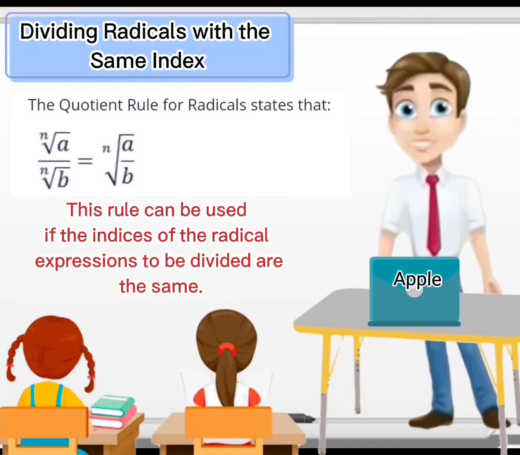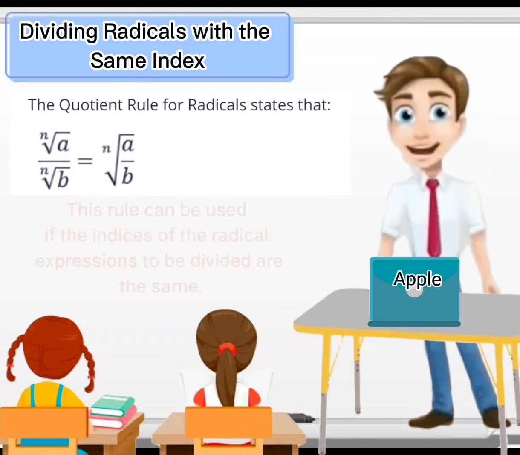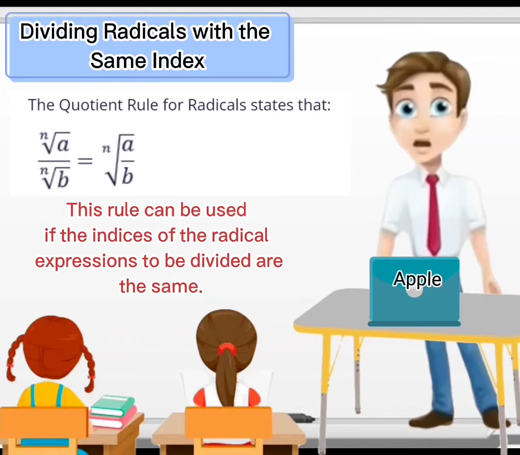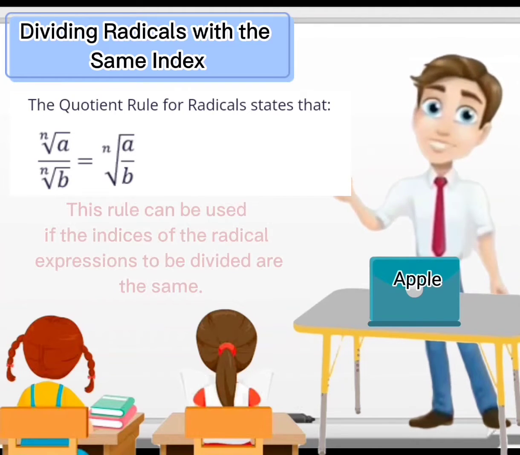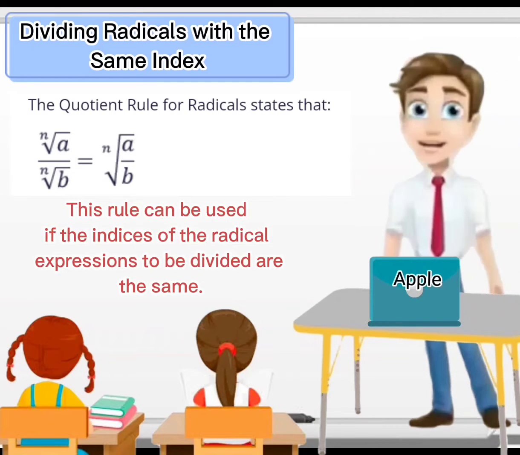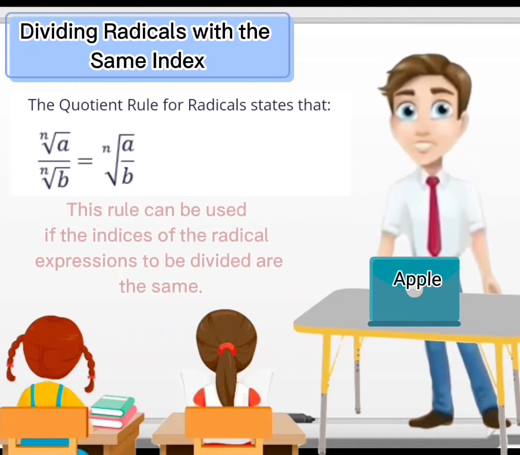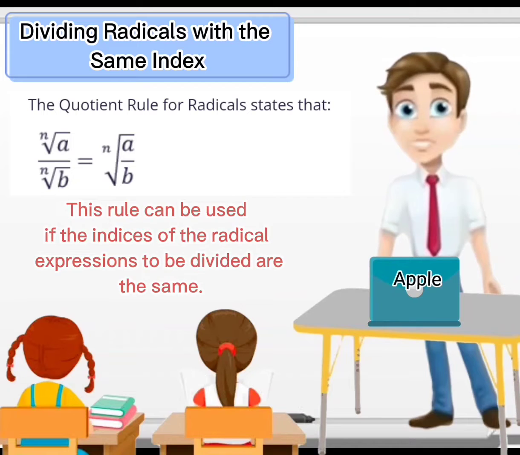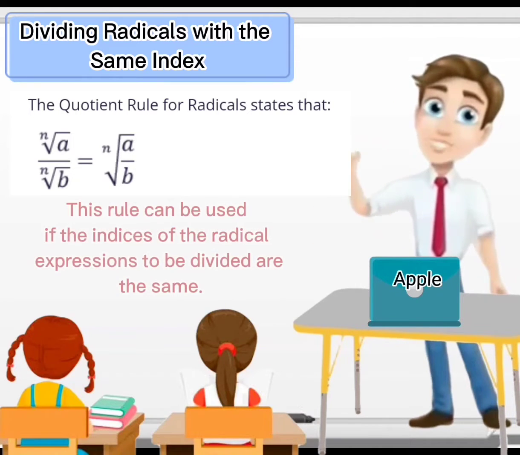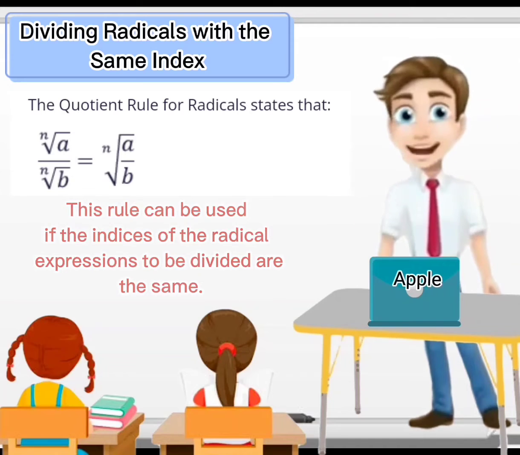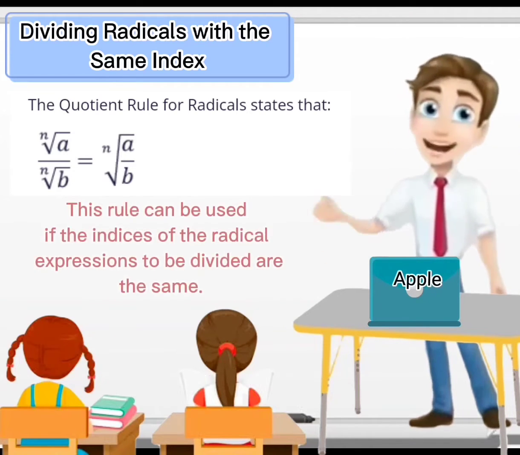Okay, so umpisahan natin ang ating lesson sa pamamagitan ng pag-divide ng radicals with the same indexes. So the rule for this, we have the quotient rule, and it states this way: if the nth root of A is divided by the nth root of B, then it is equivalent to the nth root of A over B. Then, kailan natin magagamit ang rule na ito?